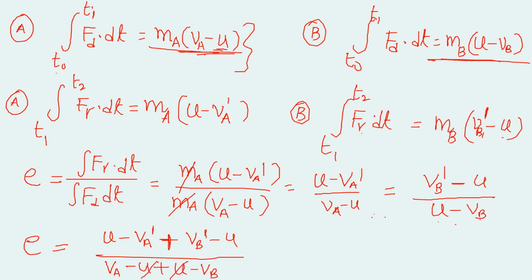The u terms cancel in both numerator and denominator, and you will have (VB dash minus VA dash) divided by (VA minus VB). We have added here because if these two ratios are equal, then the ratios of their sums should also be equal. By using that, we have obtained the coefficient of restitution E.